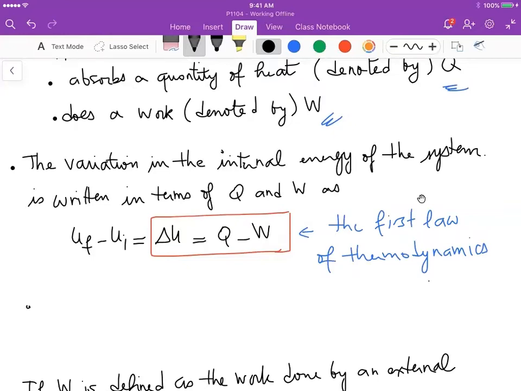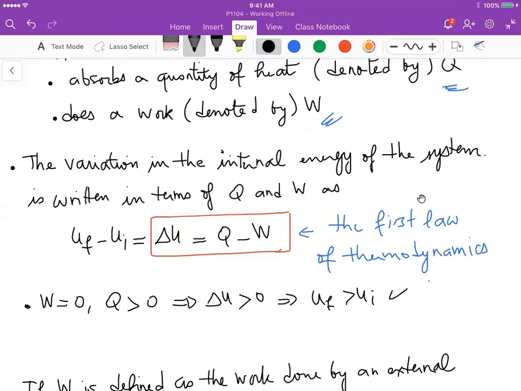So let's consider بأول نقطة to check إنه the system is not doing any work, so W is equal to 0, but the system is gaining some heat. يعني Q is positive. الحالة شو بصير بالدلتا U؟ According to the equation, delta U هي بتكون positive. معناتها إنه U final is greater than U initial, which is quite correct and coherent. لأنه إذا كان السيستم عم يربح heat من ال surrounding، حكماً ال internal energy تبعيته حتكبر.